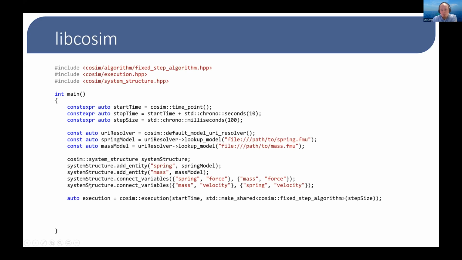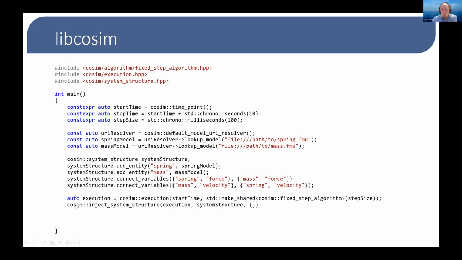To simulate the system, we create an execution. And here we tell the execution to start at our defined start time and to use a fixed step algorithm using the step size we defined in the beginning.